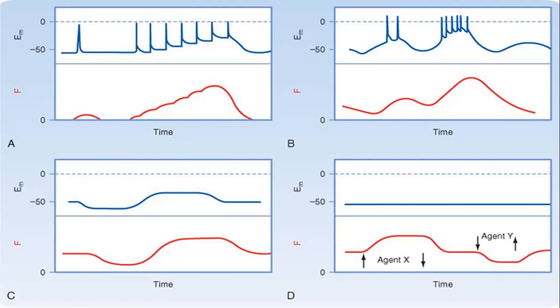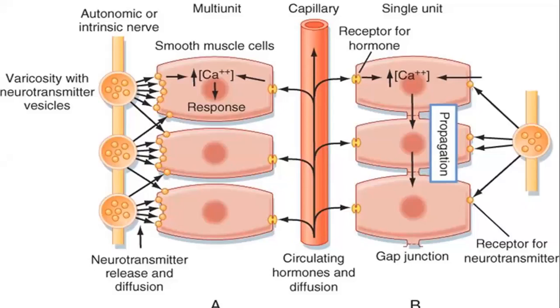You can see there is no change in the membrane potential. Still, there is a change in force of contraction that is produced by some drug or hormone. So you can compare these four pictures. There are different types of contraction and electrical events occurring in the smooth muscle.